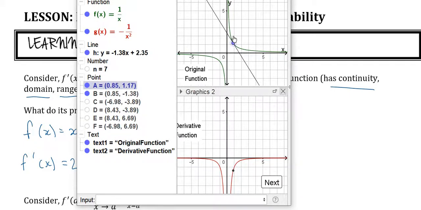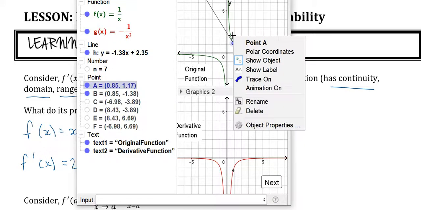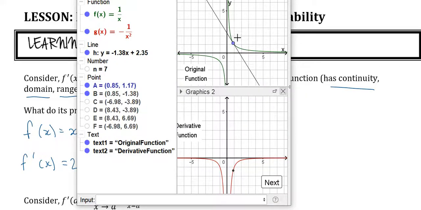What happens when I jump over here? The slope is still negative, right? So the function is still negative. Remember there were those functions last semester where we talked about increasing and decreasing. It's decreasing here, and then it doesn't exist, and then it's decreasing again.